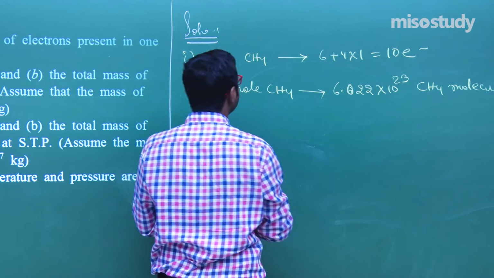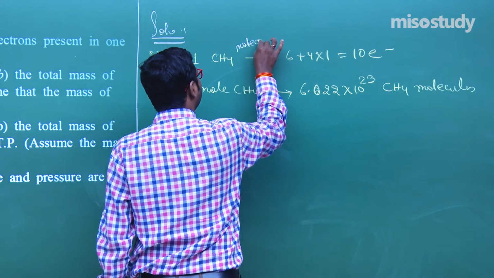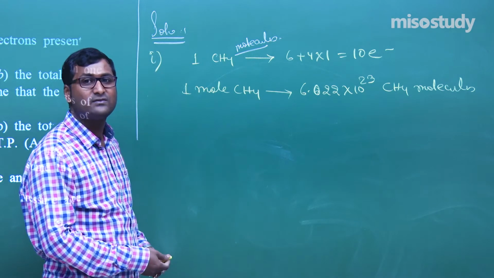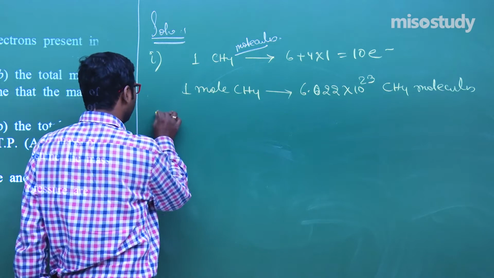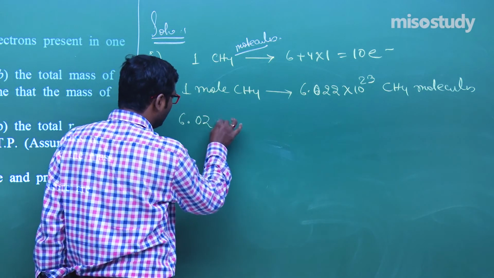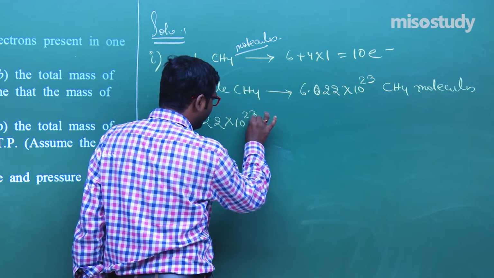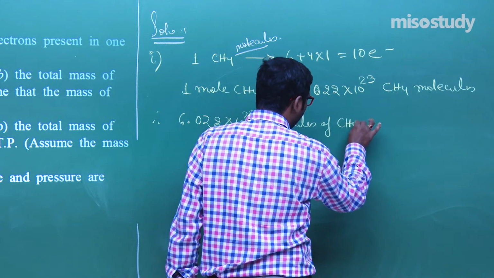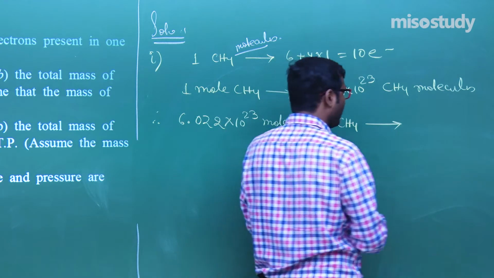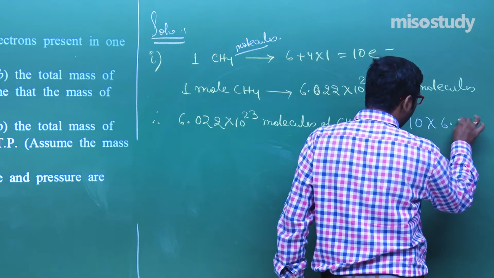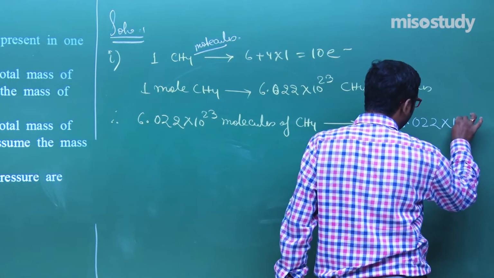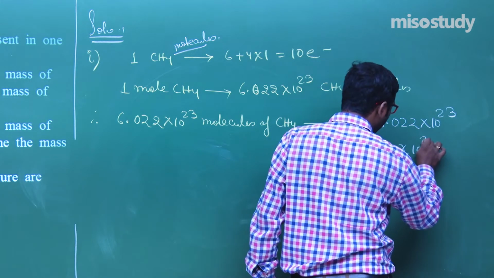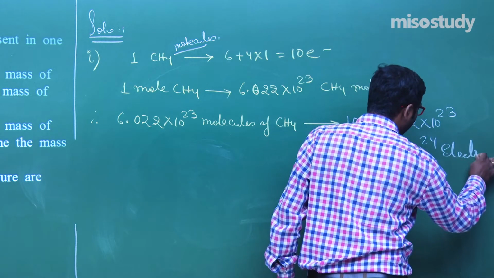So if 1 CH4 molecule contains 10 electrons, then 6.022 into 10 to the power 23 CH4 molecules will contain, therefore, 10 multiplied by 6.022 into 10 to the power 23, which is equal to 6.022 into 10 to the power 24 electrons.